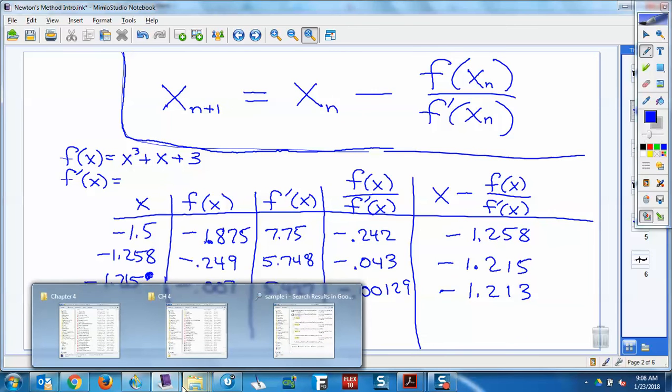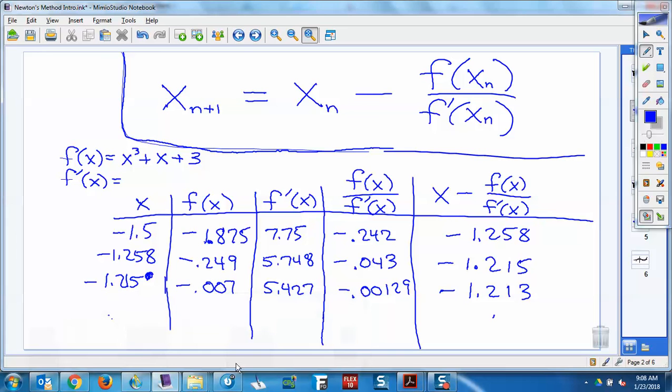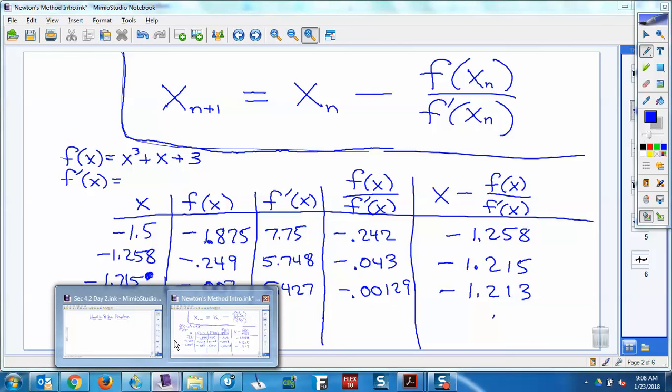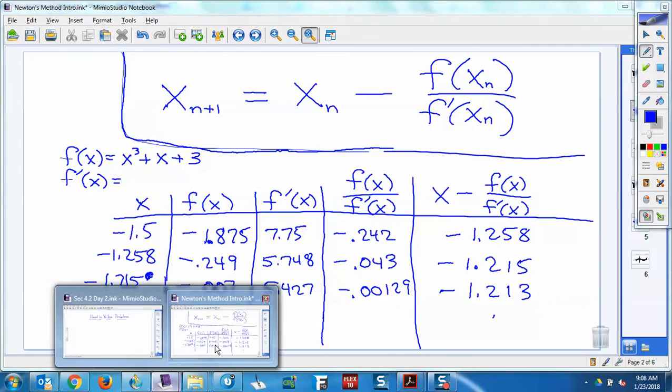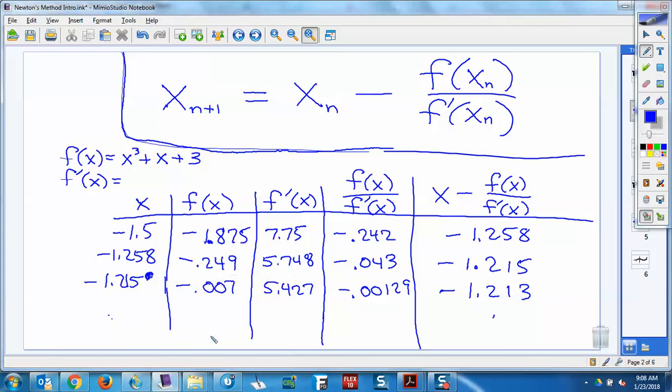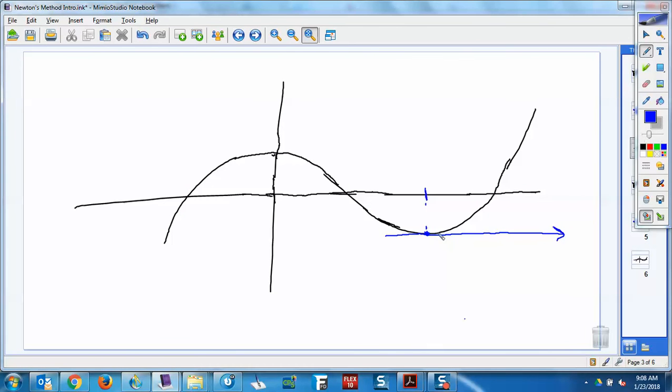If f prime is 0, that's not going to be good, because you'll be dividing by 0. So what are the chances you're going to guess right on the peak? Probably not very good. But what if you don't hit right on the peak, but you hit close to the peak? Well, all of a sudden, let's say you guess here, and then you get this. Well, then this tangent line shoots you way over to here. And that's your next guess.